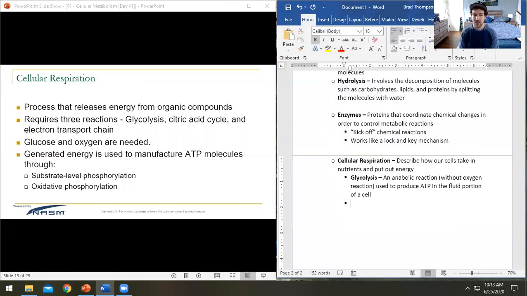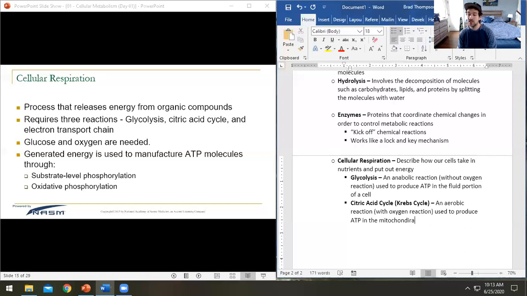The next part that's going to happen is what's called the citric acid cycle, or the Krebs cycle, named after the guy who discovered it. And so the citric acid cycle, or more commonly called the Krebs cycle, is going to be an aerobic reaction, meaning it is a with oxygen reaction, used to produce ATP in the mitochondria.